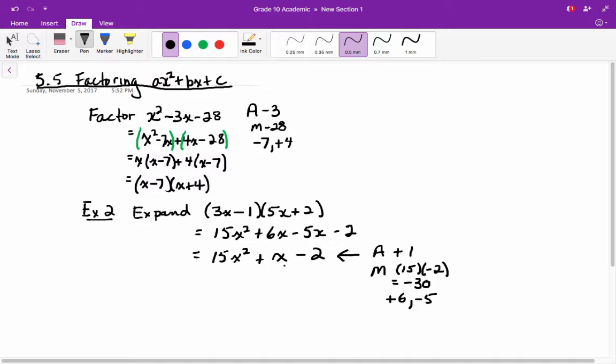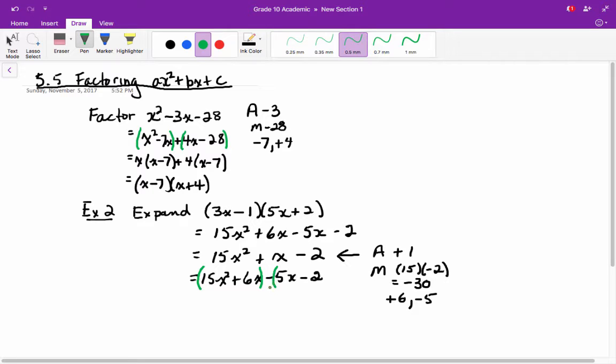So we're going to do like we did in the first question. We're going to replace the x using these numbers. So we get 15x squared plus 6x minus 5x minus 2. We're going to insert brackets around the first two and around the last two.